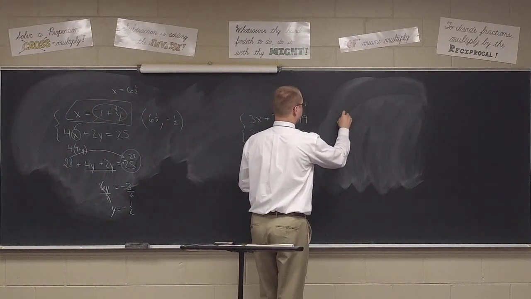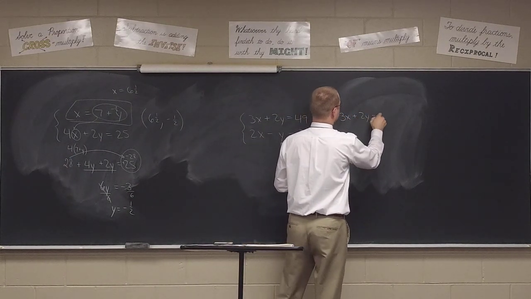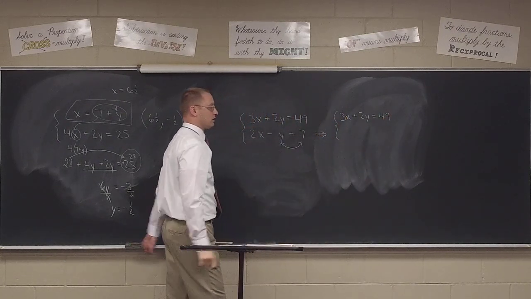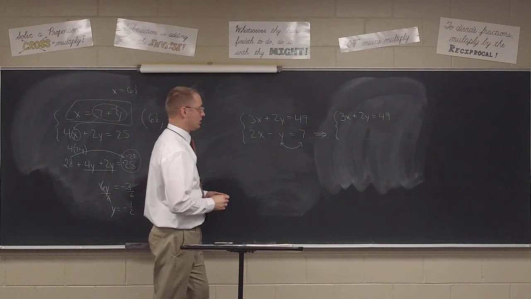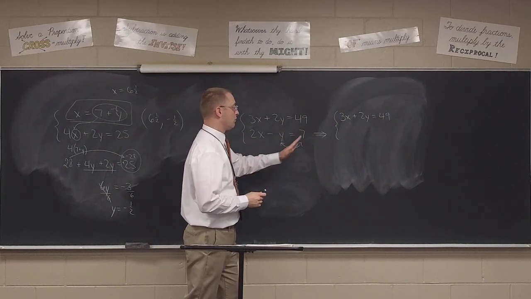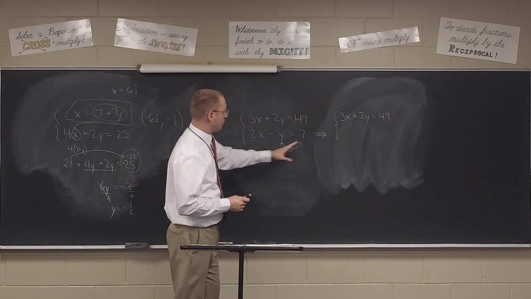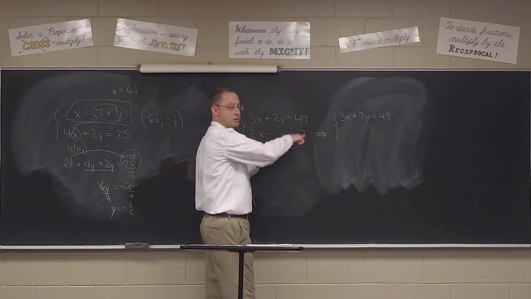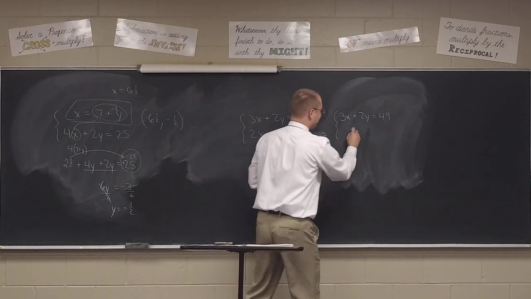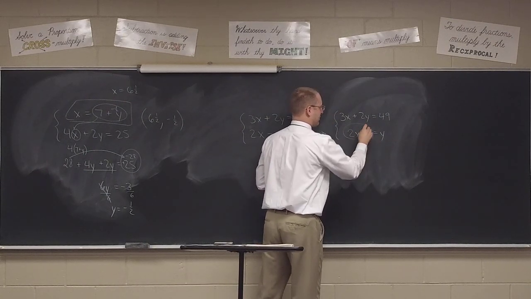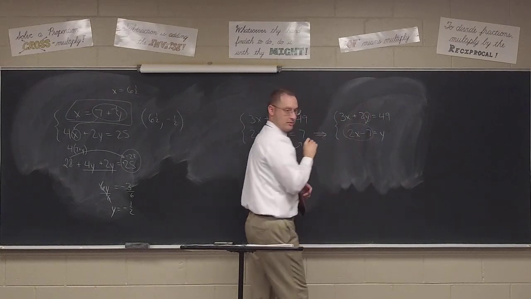That means we'll keep for now the 3x plus 2y equals 49, but the bottom equation becomes, well, if you pull a double switch, I'd say 2x minus 7 equals y. Might make it a little easier there, and then we plug this in for the y, right?